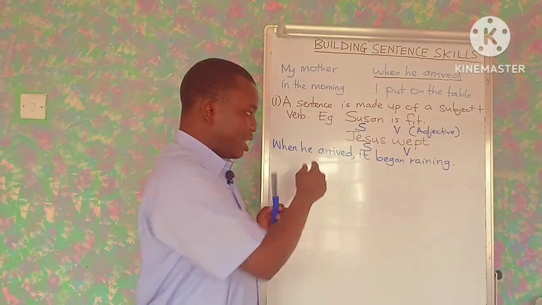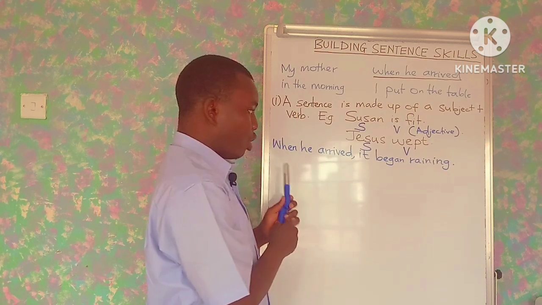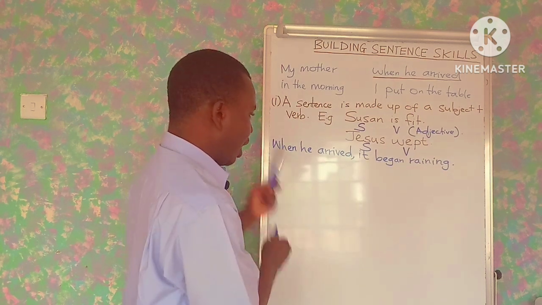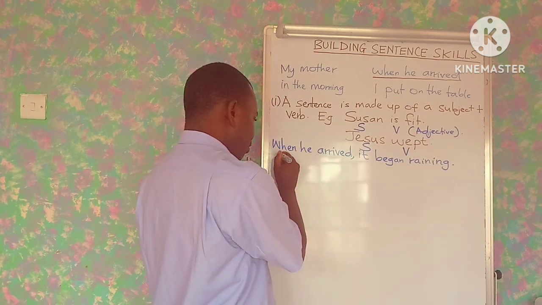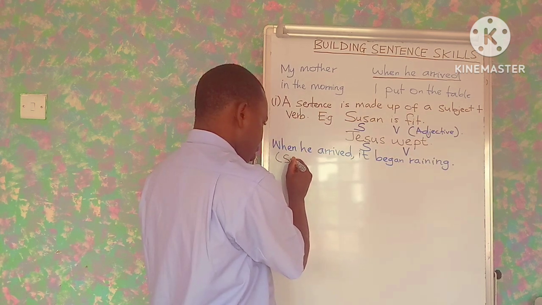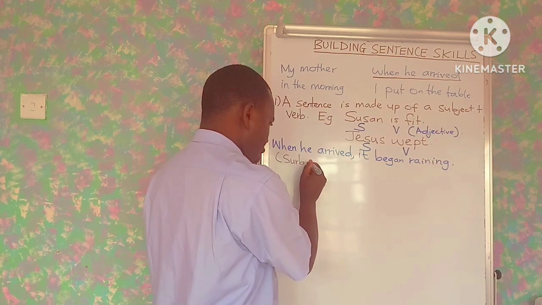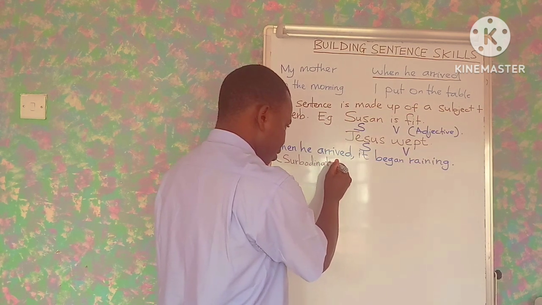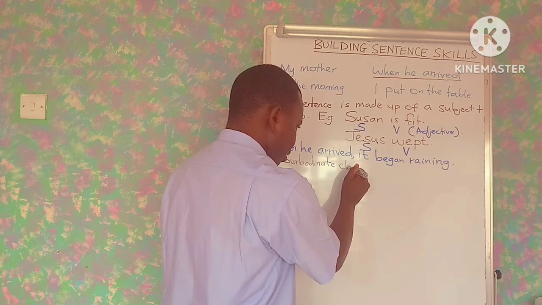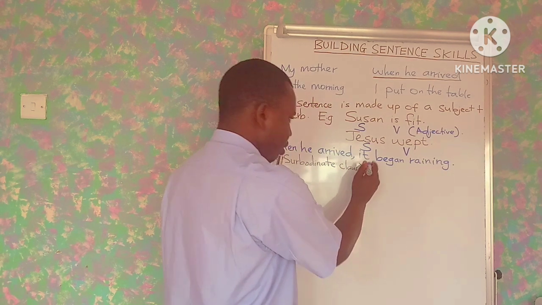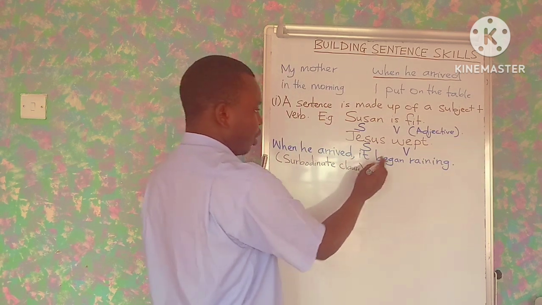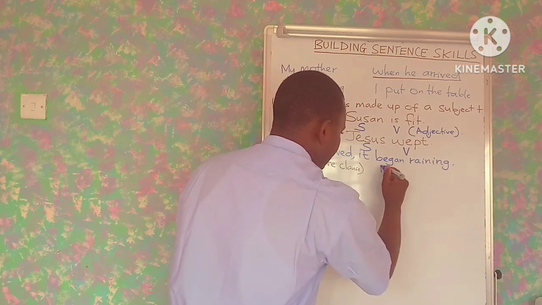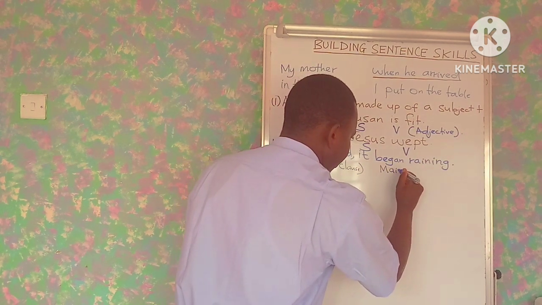So in this case, we have ended up with what we call a complex sentence. So there is the bit that is a subordinate clause and the main clause. So when he arrived is the subordinate clause, while the other bit, it began raining, is now the main clause.